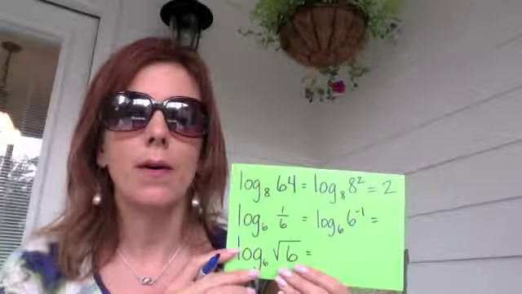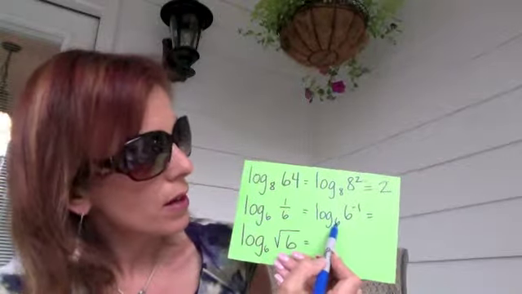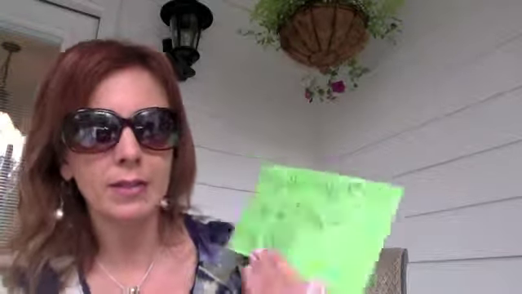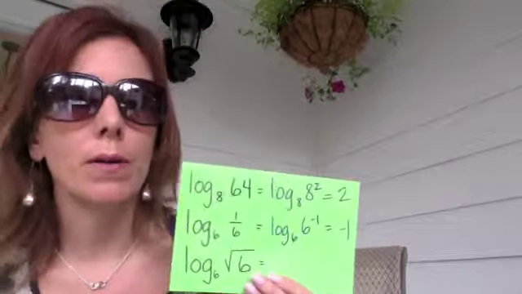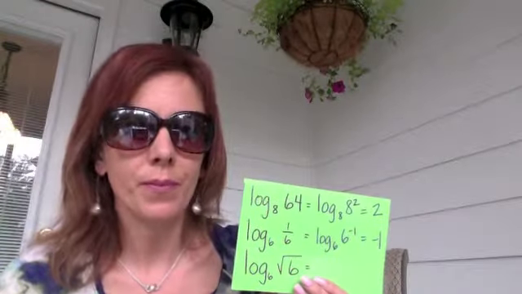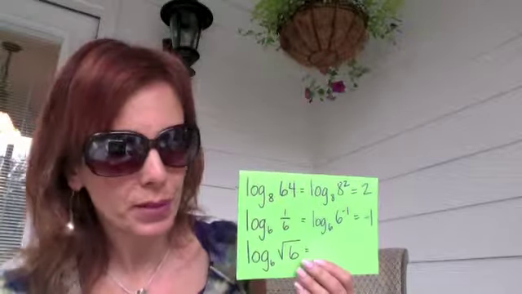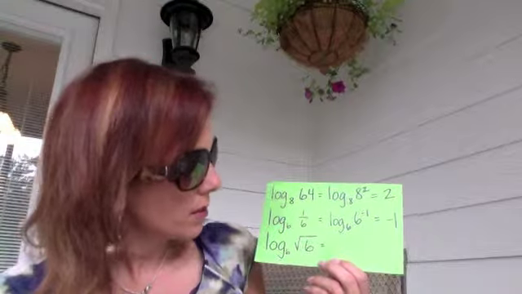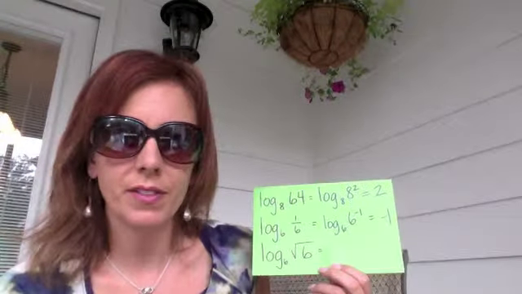If you've got the base of the log and the base of the exponent matching, then my exponent is my answer, and that gives me a logarithm of -1. Log is equal to -1. All right. Last one of these here, log base 6 of the square root of 6.